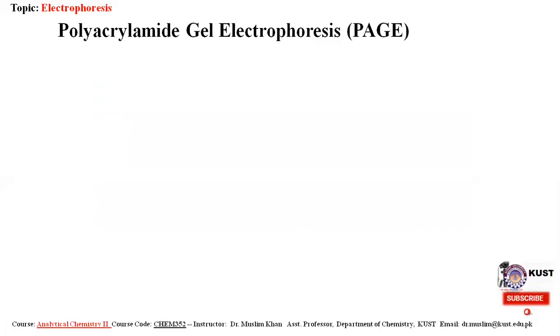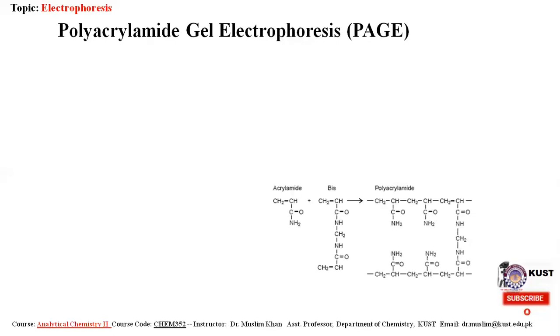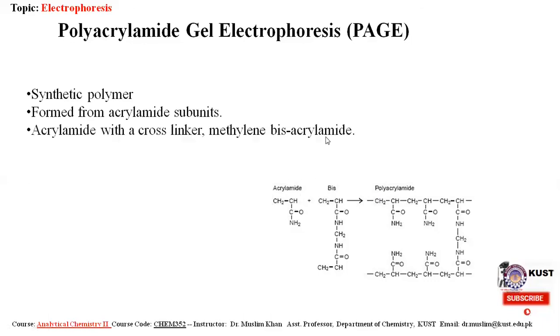The next one is polyacrylamide gel electrophoresis, PAGE. This is acrylamide, and when it is treated with this molecule, it becomes polyacrylamide, meaning a polymer. This is a synthetic polymer, as I told you, formed from acrylamide subunits with a cross linker, methylene bis acrylamide.